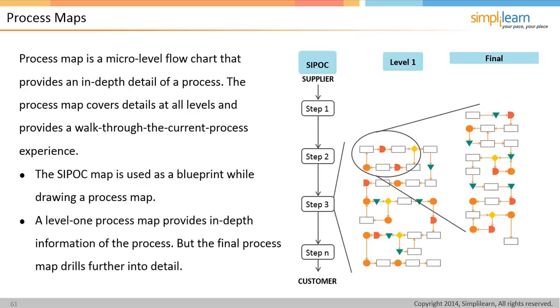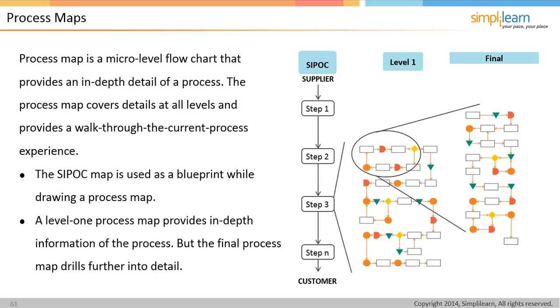So you see here a SIPOC map where they've got step 1, step 2, step 3 through to step N. We've got the supplier on the front end or the top and the customer at the, in this illustration at least, bottom end. And then you can look at each element and break it down further and further with more detail. It can be used as a blueprint while drawing a process map.